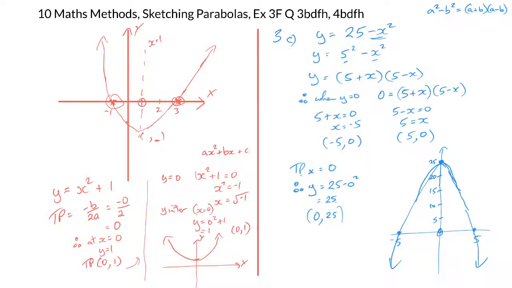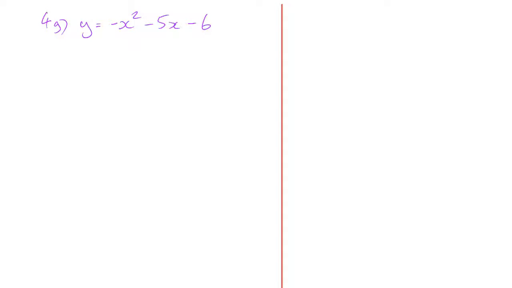Okay, one more will do, because they're not that bad. I've chosen 4G to show you with this next one because it enables me to demonstrate some things that we can do to make our jobs easier. So to find the x-intercepts, again, that's when y equals 0. So 0 equals negative x squared minus 5x minus 6.